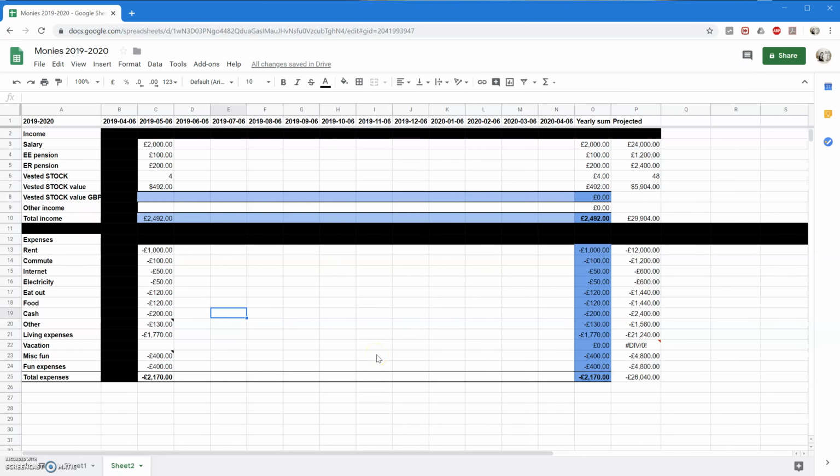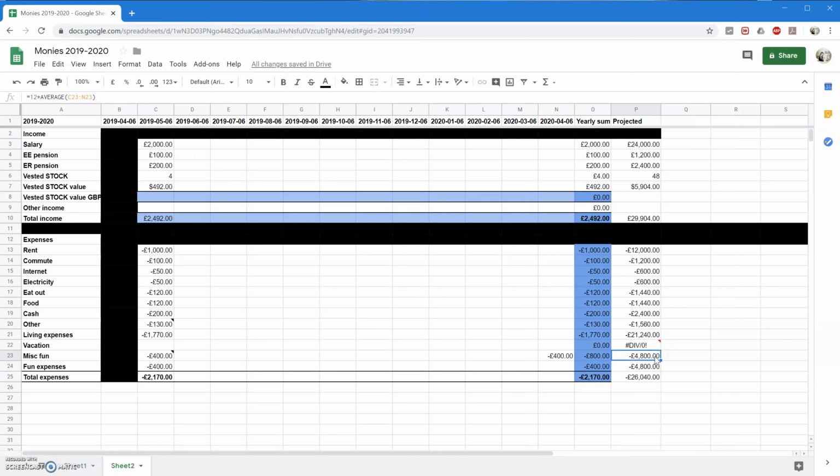For expenses, it can be a bit more complicated because maybe I'm not expensing things every month. So maybe I only have, for example, 2 vacations in a year. So if it looks like that, the total is 800 and the projected is minus 4,800. That doesn't make much sense.